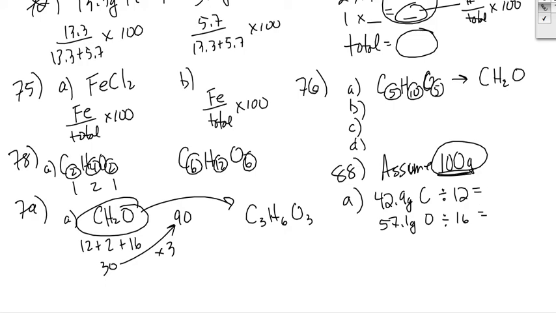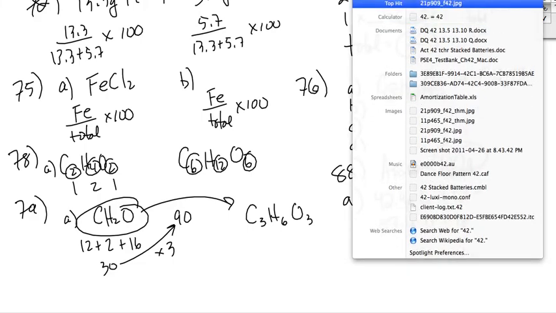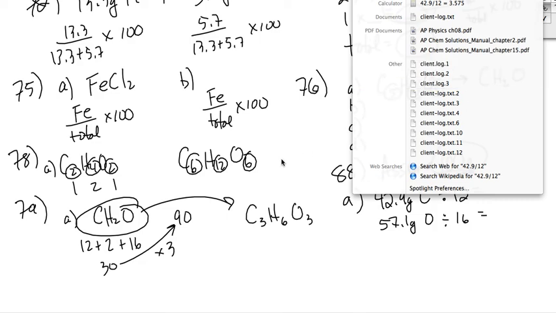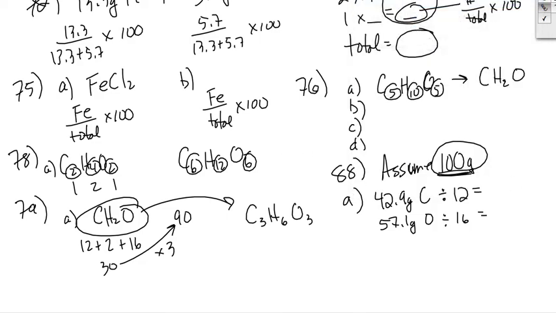Let's see if we can find this out here. Divided by 12, that's 3.575. Okay? And then you're going to take the 57.1 divided by 16, and you get a value there.